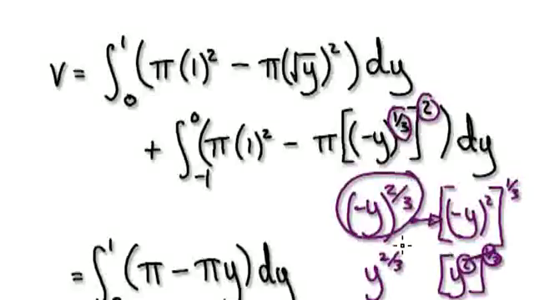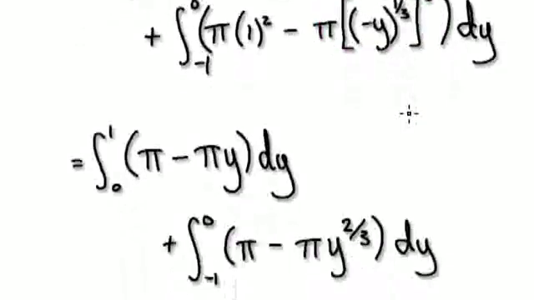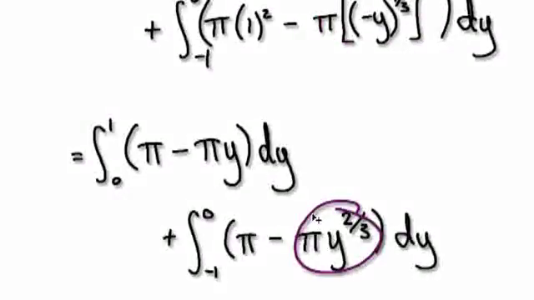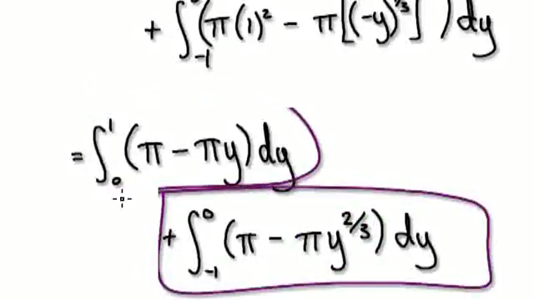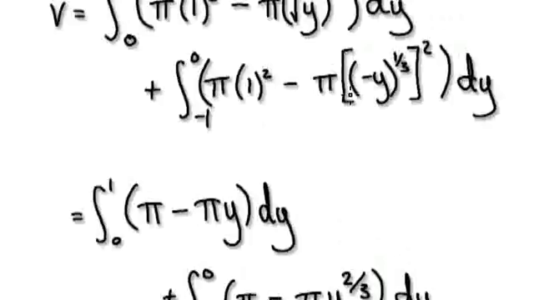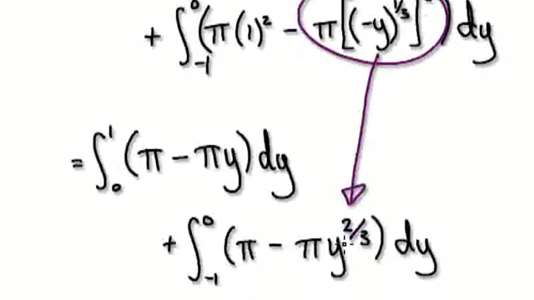The point is that this is the same as this. So when you tidy up, it gives you this. The rest should be straightforward. The only complicated part is this bit here, which you can tidy up to give you this.